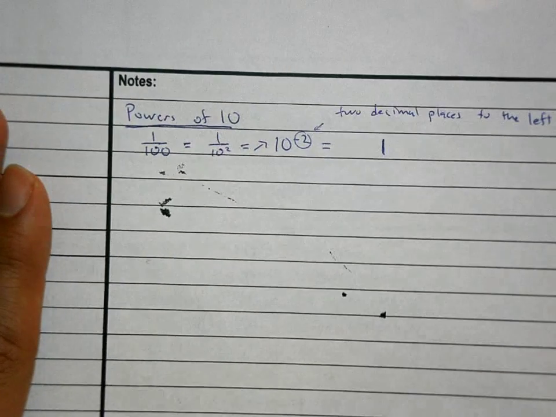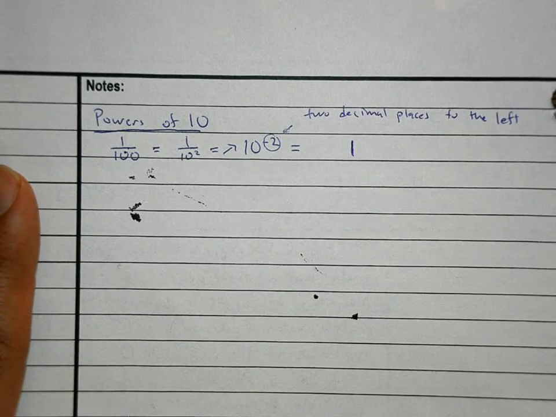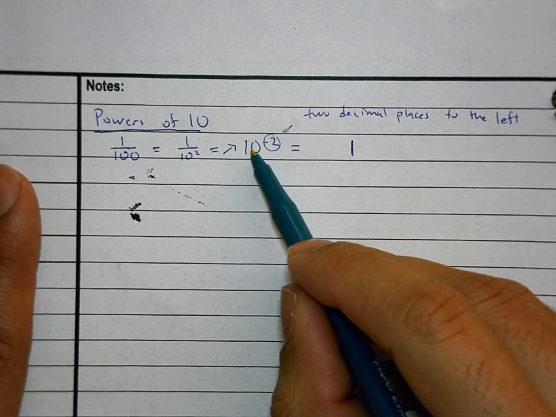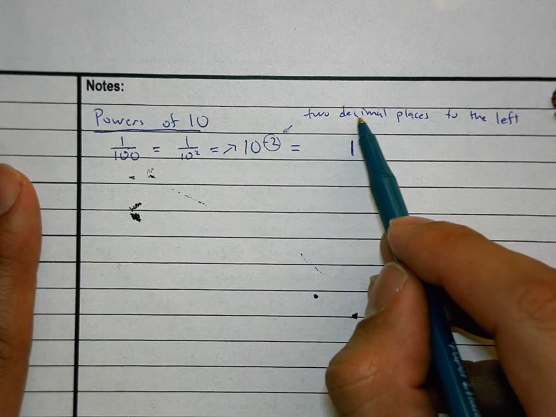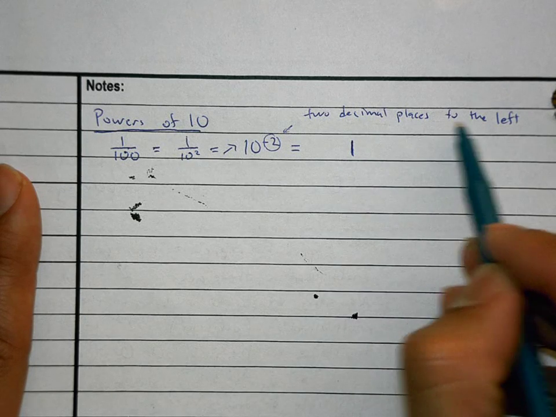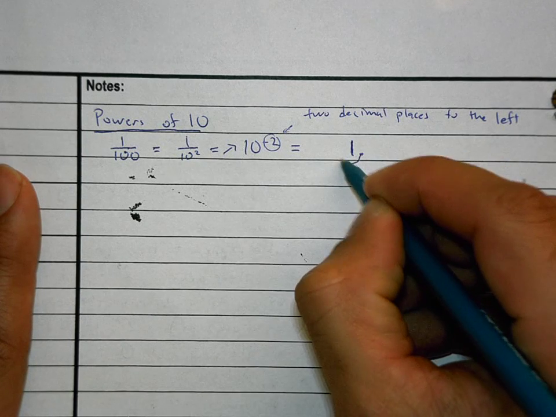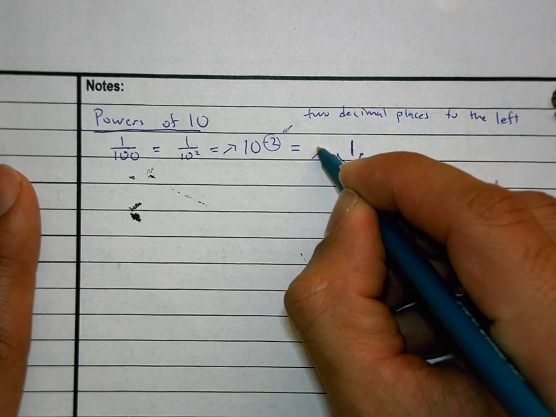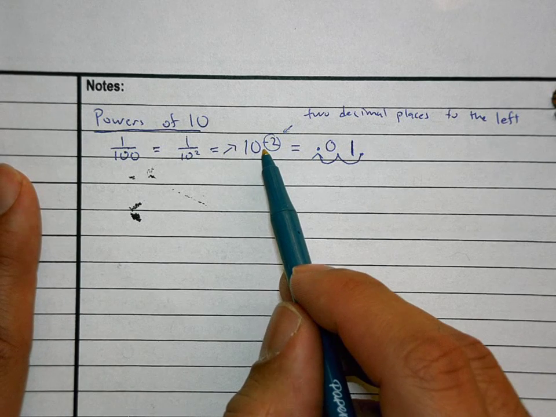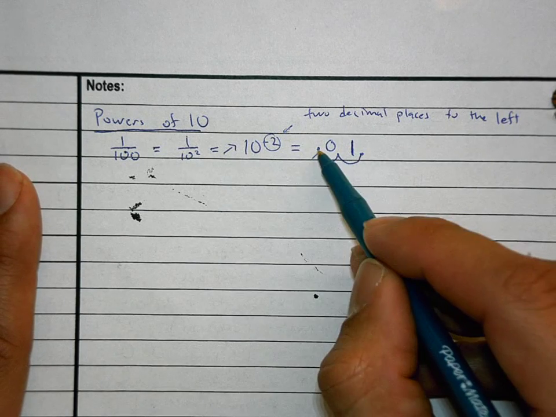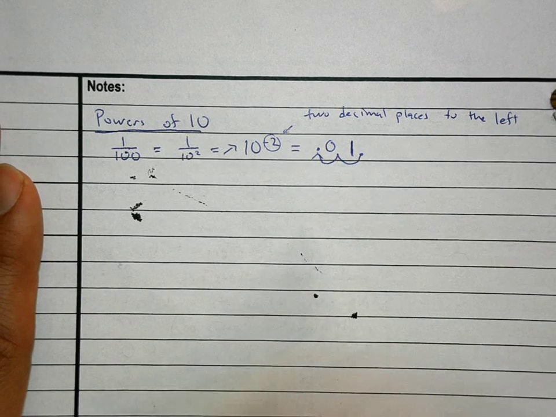Let me scoot that over so you can see the whole thing. If you see 10 to the negative 2, it means we can move the decimal places to the left. From here, 1, 2. It means that 10 to the negative 2 is the same thing as 0.01.